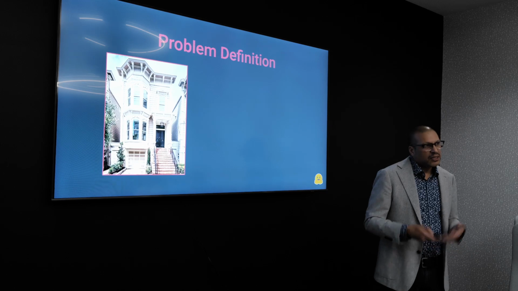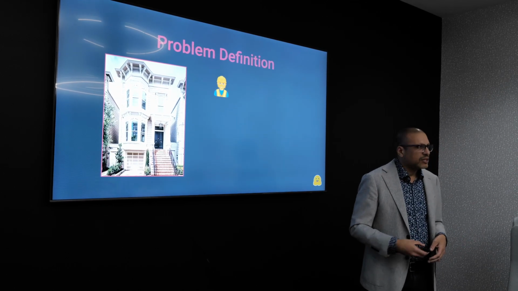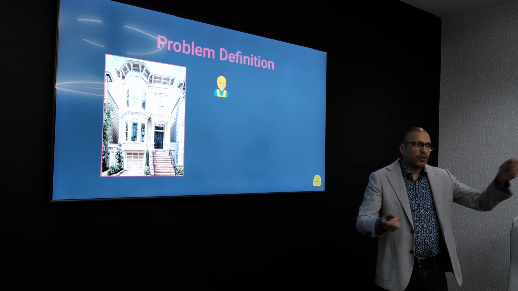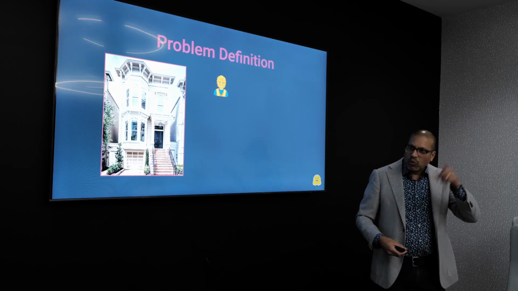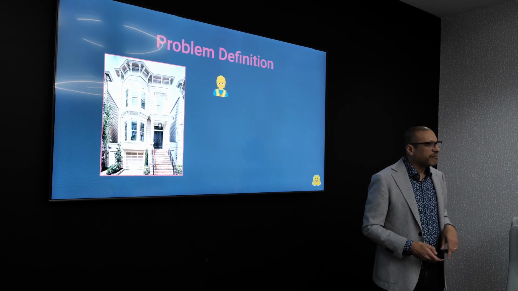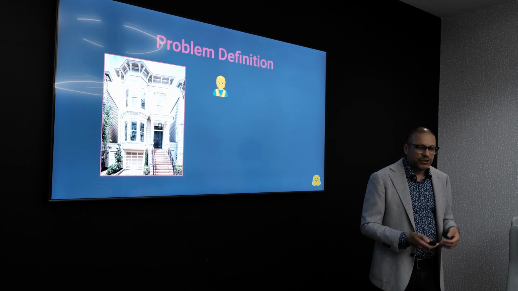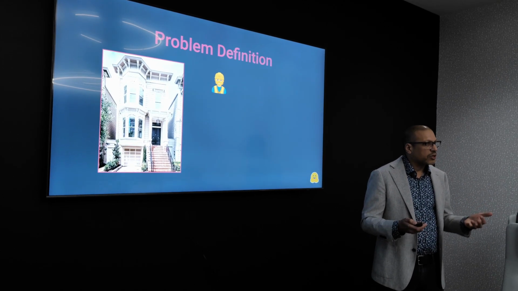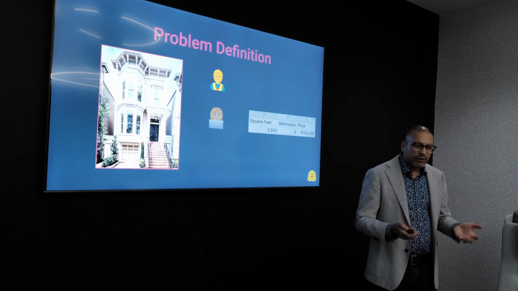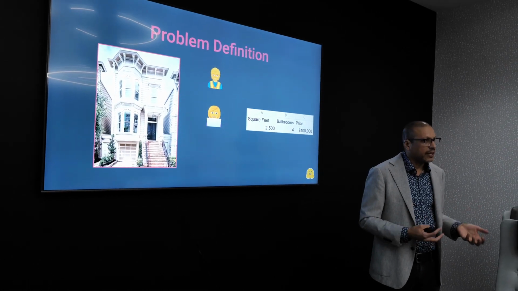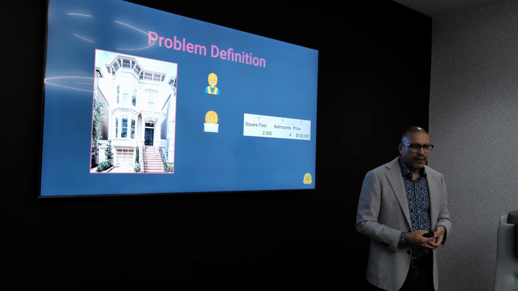So we'll send somebody out, and they'll measure how many square feet the house is, or somebody will walk around and count the number of bathrooms. These are what we call features or variables in machine learning, and we'll use that to collect and gather information to help us understand what this house is.